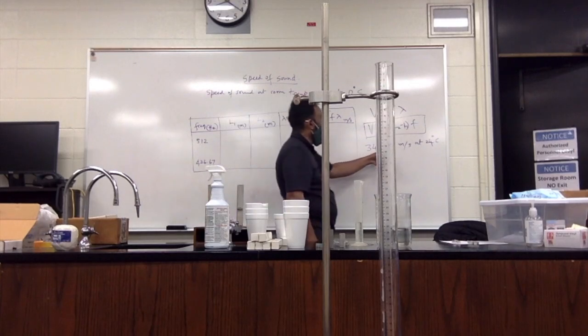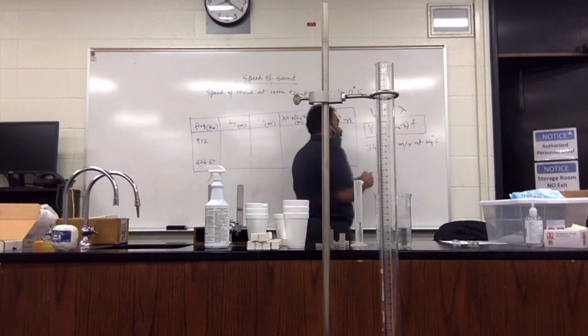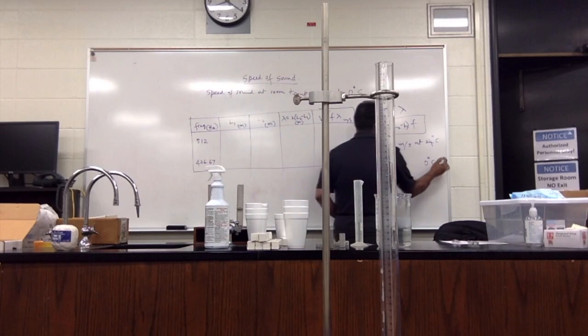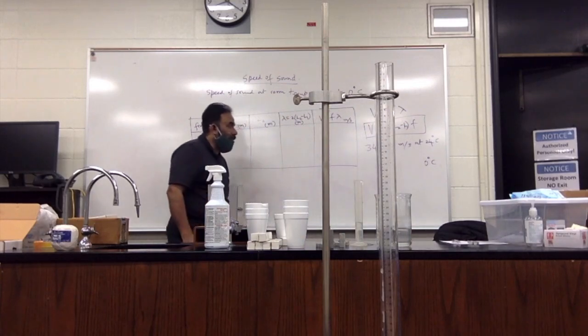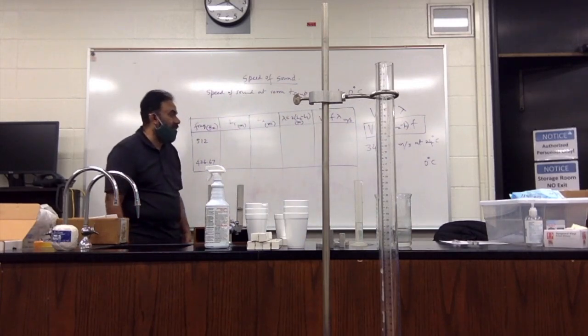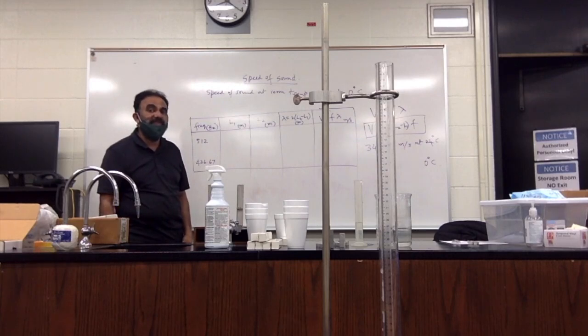So this is the speed of sound at 24 degrees Celsius. Now what is the speed of sound at 0 degrees Celsius? That's what we're trying to find out. To find that, you need to know how the speed of sound is affected by temperature.